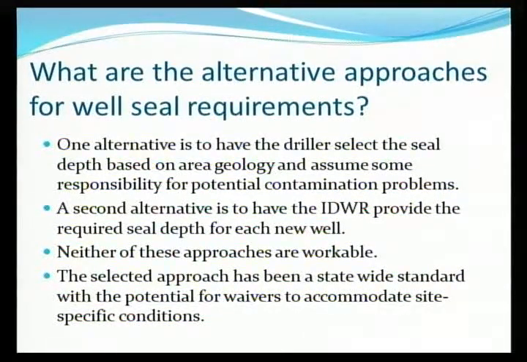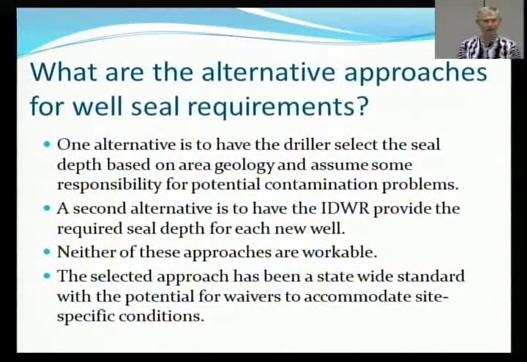One alternative is to have the driller select the seal based upon area geology and assume some responsibility for potential contamination problems. And as you can imagine, we have a whole range of drillers, and most of them, I think, would not like to have this placed on their shoulder.